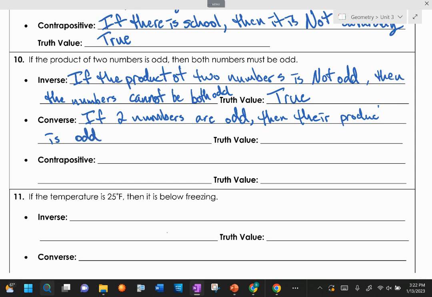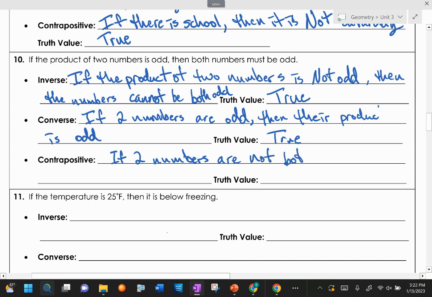The truth value of this is true. Okay, the contrapositive. If two numbers are not odd, then their product must be not odd. Let's say, are not both odd. Make sure we're specific about that, okay?